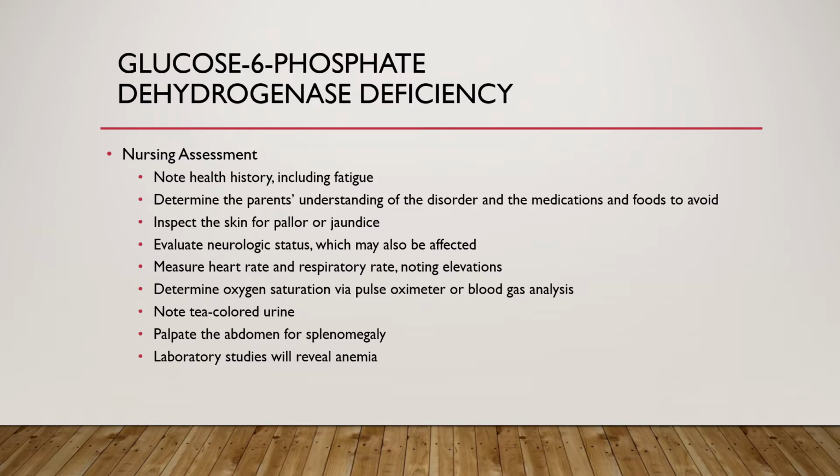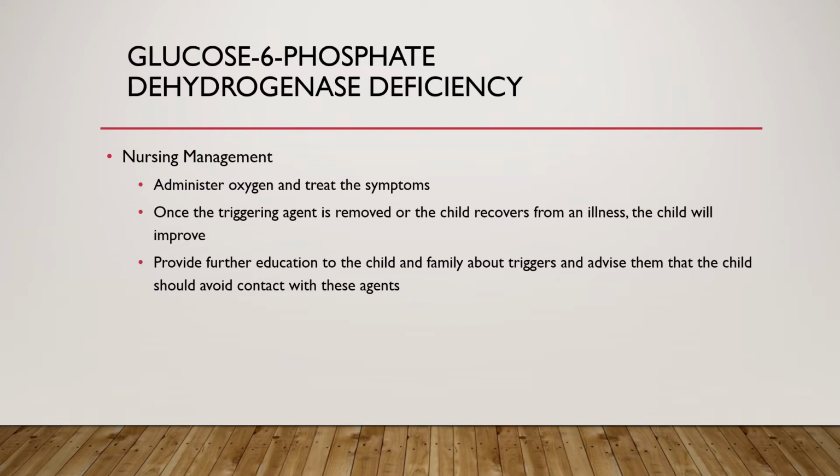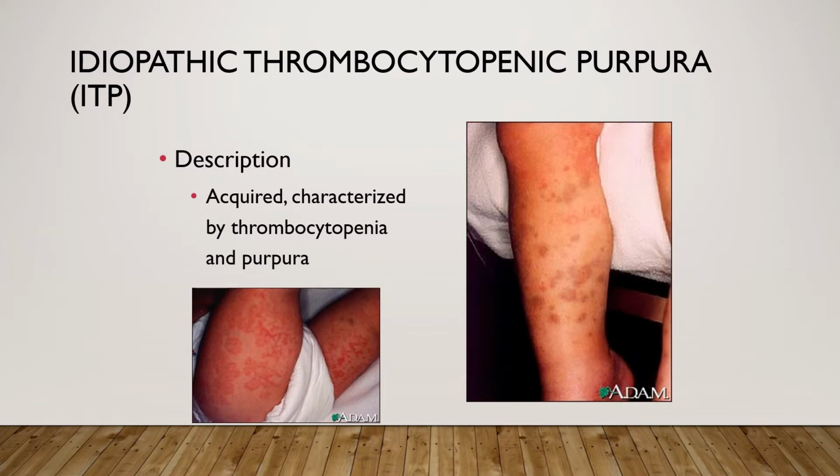And because of that destruction of red blood cells, you have the splenomegaly as well, and of course you're going to see anemia as well. Usually there's a triggering agent, and so we help parents to avoid the triggering agent so that it doesn't happen as often.